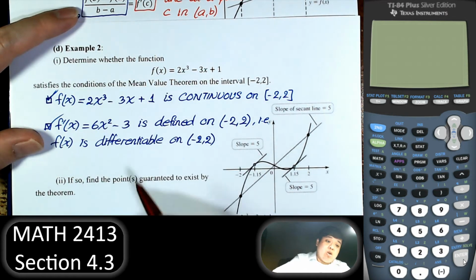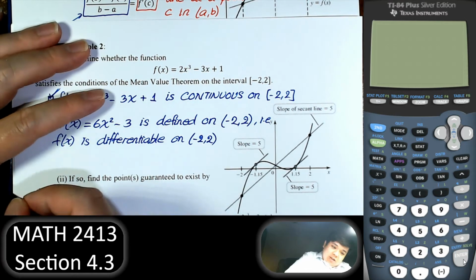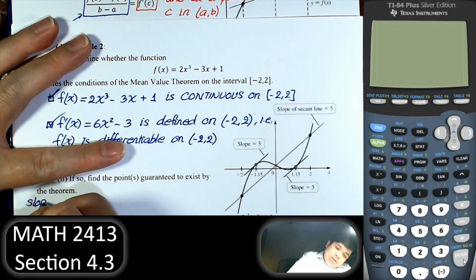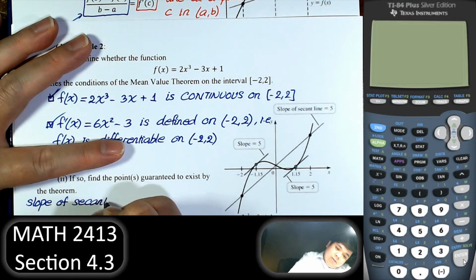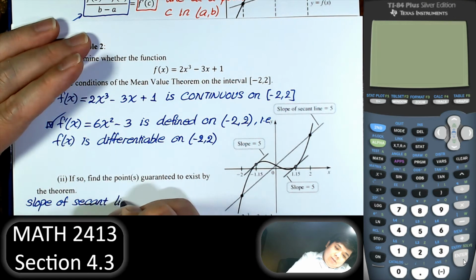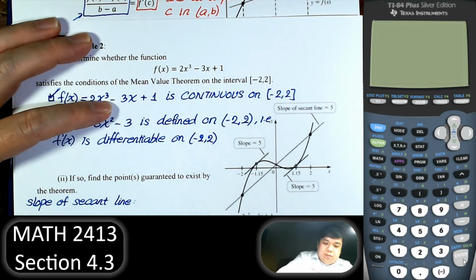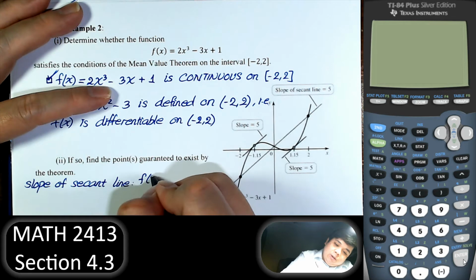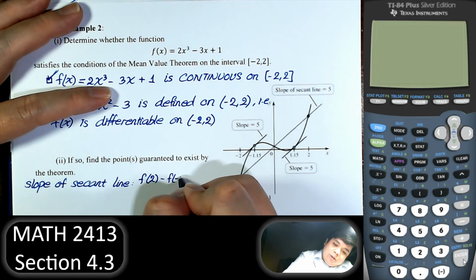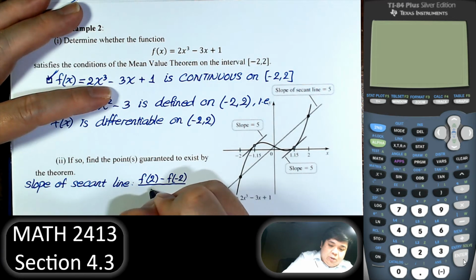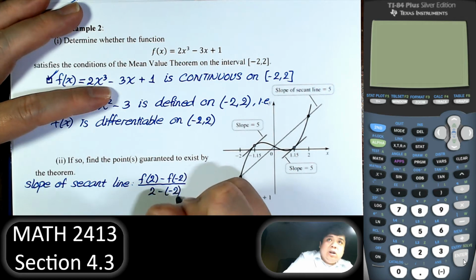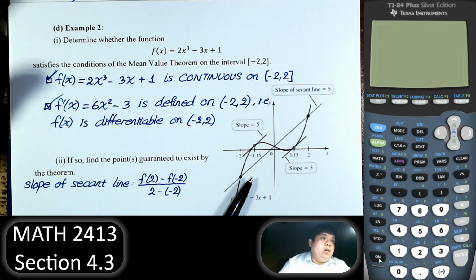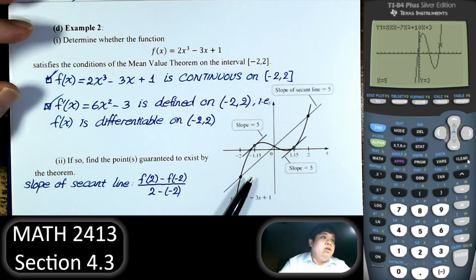So first I find the slope of the secant line: f of 2 minus f of negative 2 over 2 minus negative 2. So I enter the function. Of course, no, that's a different function. Let's do that again.